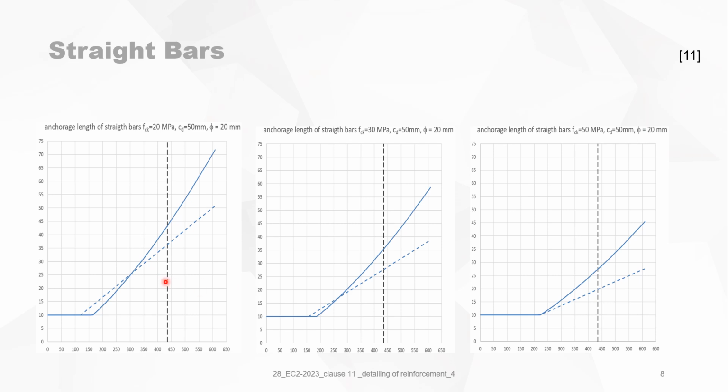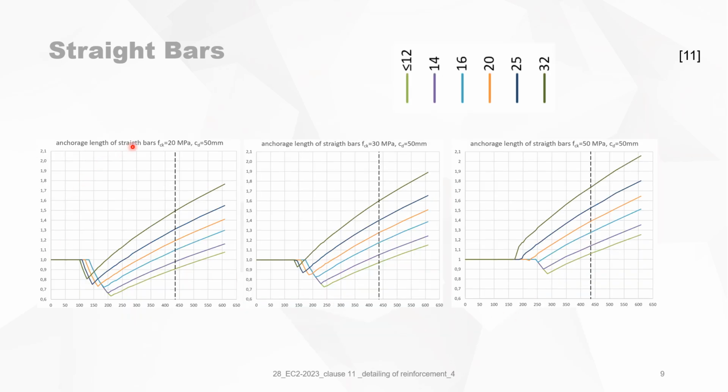And you see what will happen for concrete quality lower than C30. You have the same principle. There is a region where you need less anchorage and a region where you need more anchorage length. But when you increase the concrete quality, you will see you always need more anchorage length in the Eurocode version 2023.